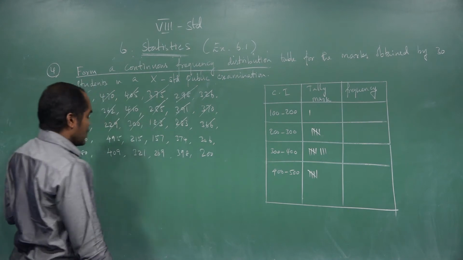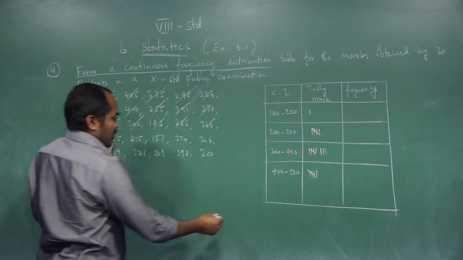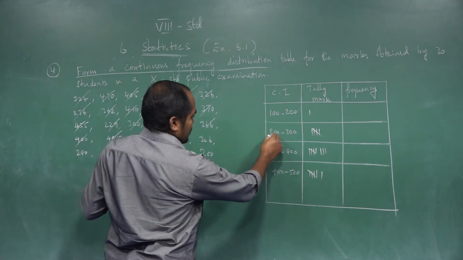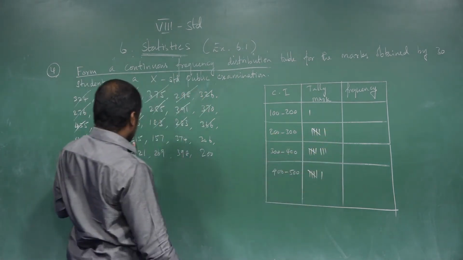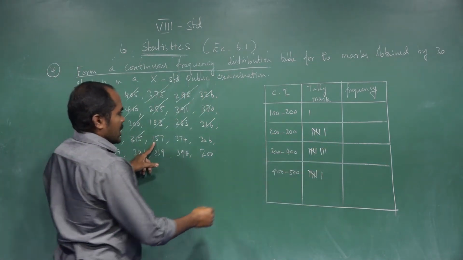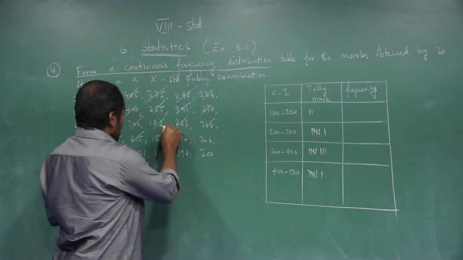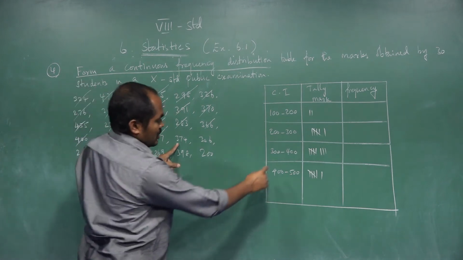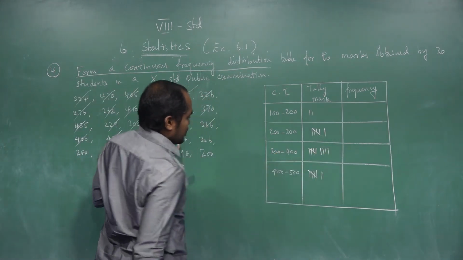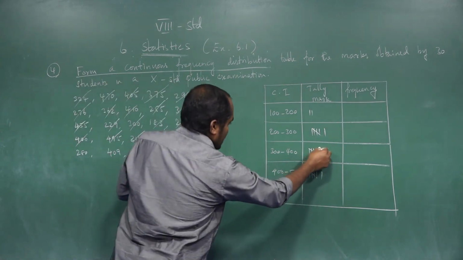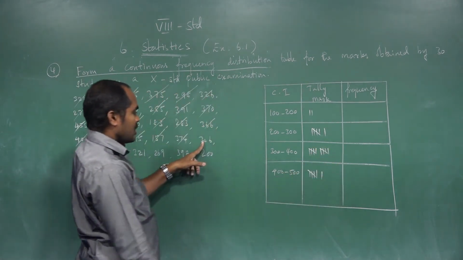Draw one cross mark. 495 here. 215. Listen here. 157 lies between here. 374 right here. 306 also right here. Draw one cross line like this.